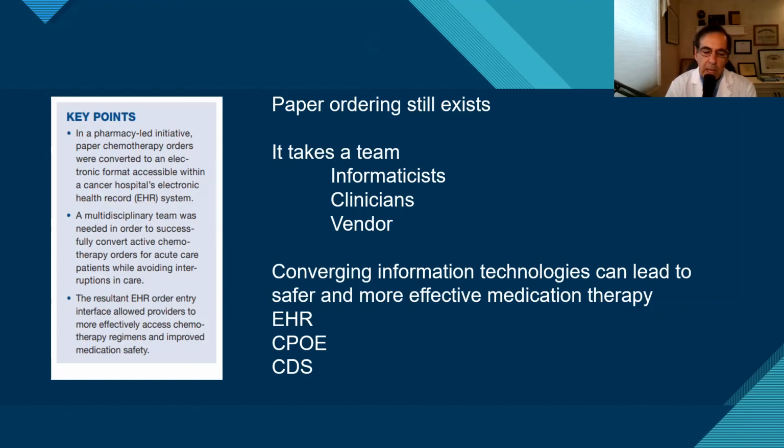And then, we're always looking for pharmacy informatics to provide safer and more effective medication therapy. And this is what they found with implementing this chemotherapy CPOE. It took having the EHR in place, CPOE in place, clinical decision support in place, and working in an integrated fashion.